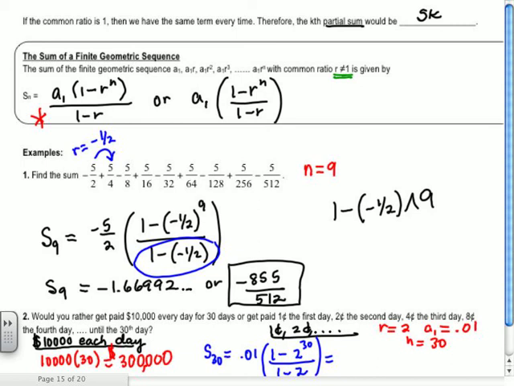Parenthesis, 1 minus 2 raised to the 30th, parenthesis, divided by parenthesis 1 minus 2, which is obviously negative 1. And then times 0.01. Wow, I was right. You get over $10 million.